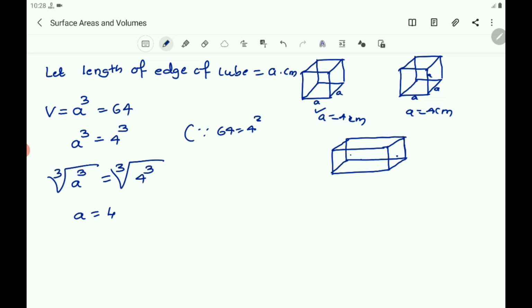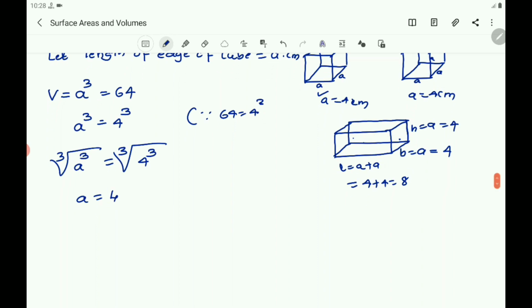Height remains A only, and breadth also remains A only. But here the length becomes A plus A, that is 4 plus 4 equals 8.